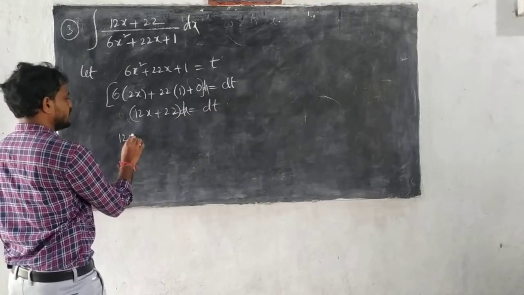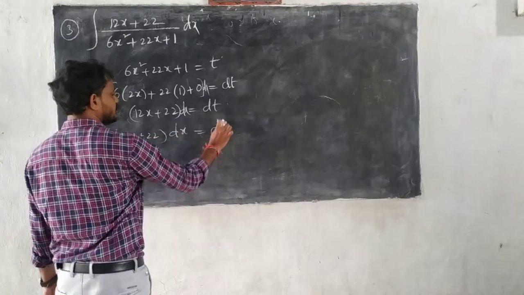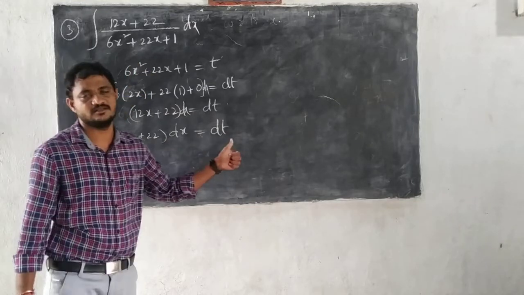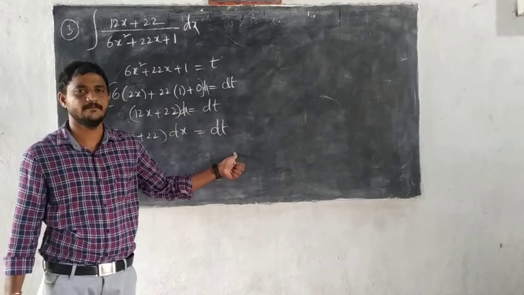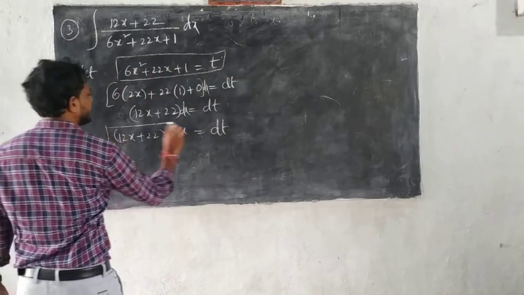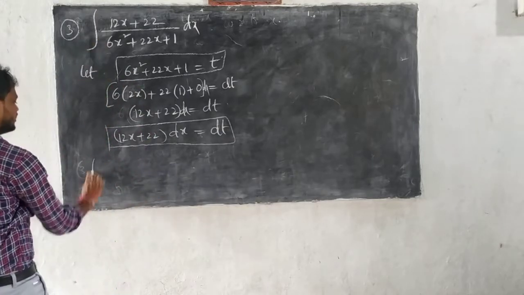So that is 12x plus 22 into dx equals dt, right? So after differentiating, you will get this term. Okay. So now substitute this one and this one in the given function. Okay. So what is the function here?